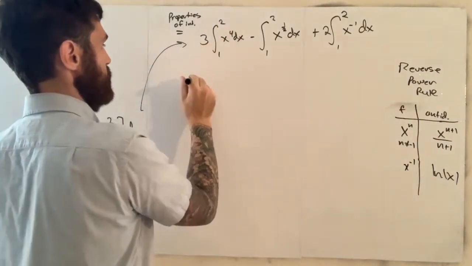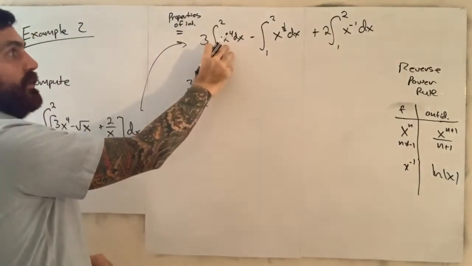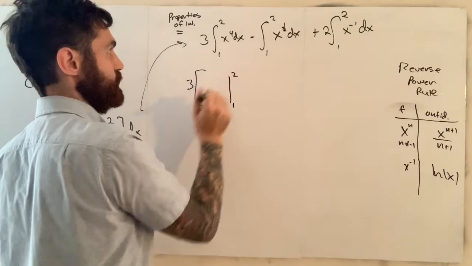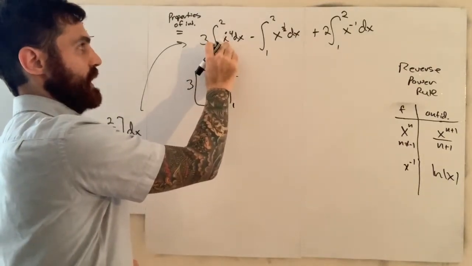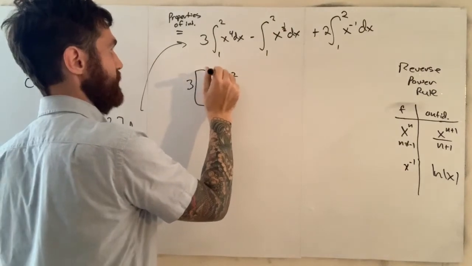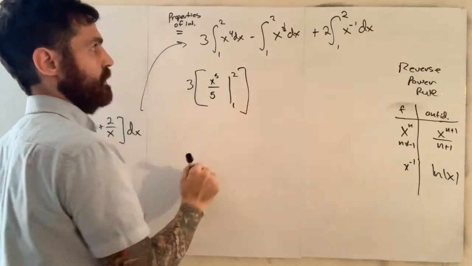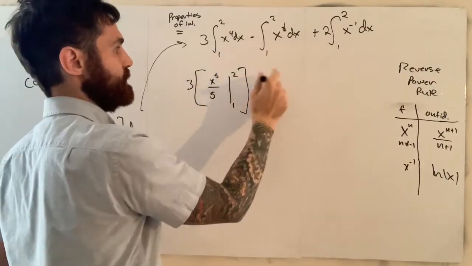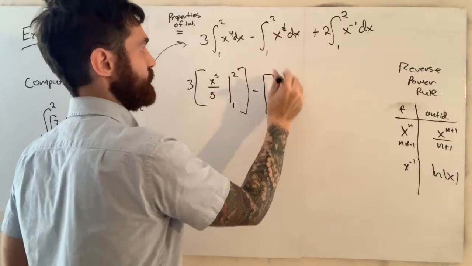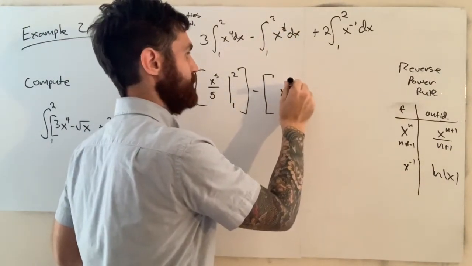So this is just going to be 3 times an antiderivative for this, evaluated from 1 to 2. Well, this is x to the 4th, so I'm going to have x to the 5th divided by 5. This is going to be minus x raised to the, what's 1/2 plus 1? 3/2.